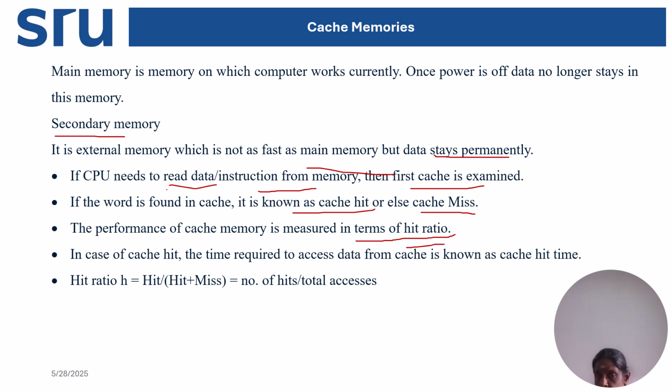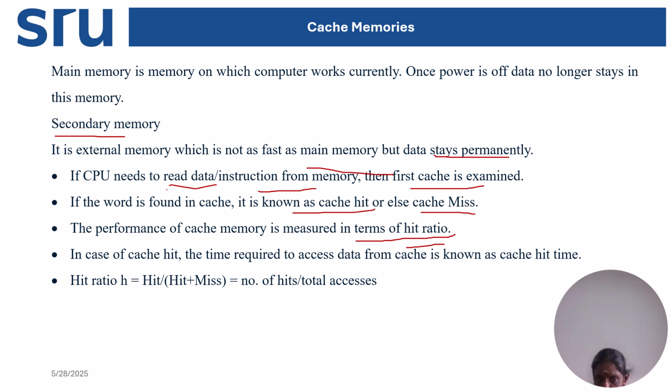What is a hit? If the data is found, it is a cache hit. So what is the formula for hit ratio? Out of the number of times it is accessed, the number of times the data is found is called the hit ratio.